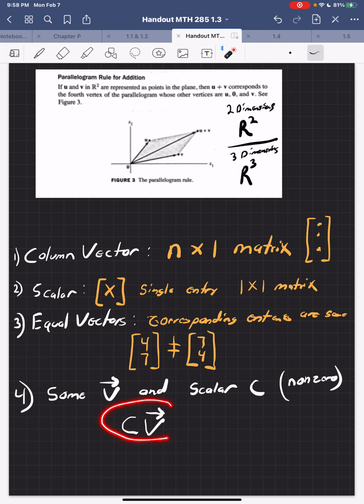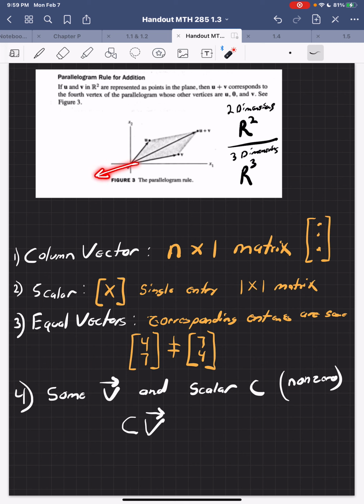Well, maybe I can use this little graph up here to serve as an aid. So forget about the rest of this. I'm only going to use v. Now, if I scale vector v, I could make vector v longer, right? I could double it, triple it, 3v, 4v, 2v. I could also make vector v smaller, right? Half of v, a third of v. I could even make that scalar negative, right?